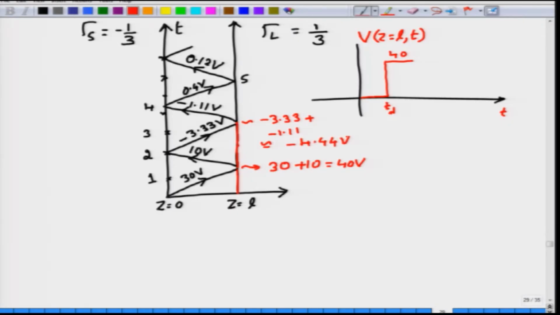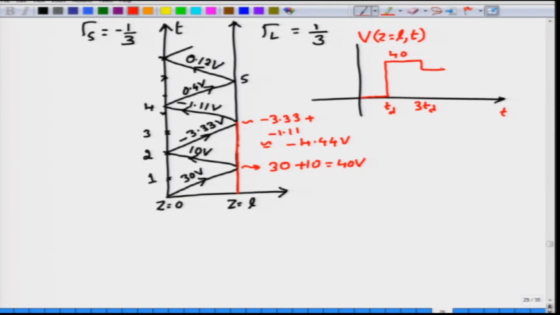It does not mean that the total voltage will now be minus 4.44. The total voltage is always the voltage that you would have seen earlier plus any new partial voltage that appears. So, there is already 40 volt appearing across the load. At 3 Td there will be a partial addition of minus 4.44 volt, meaning that this voltage will drop down slightly.